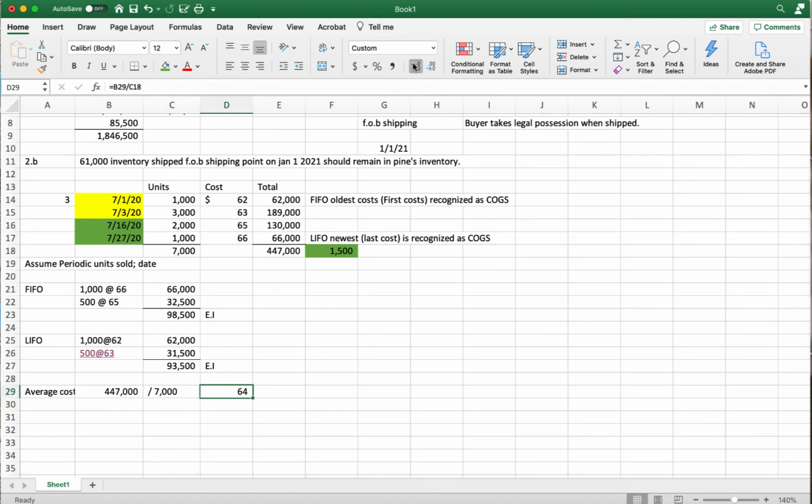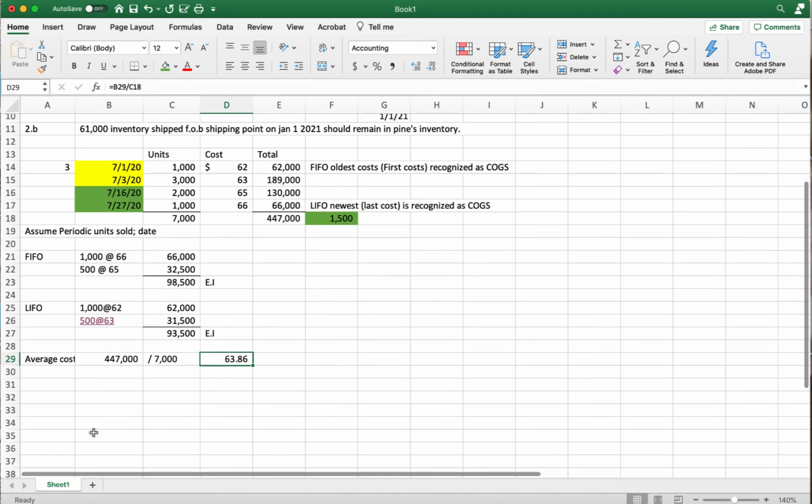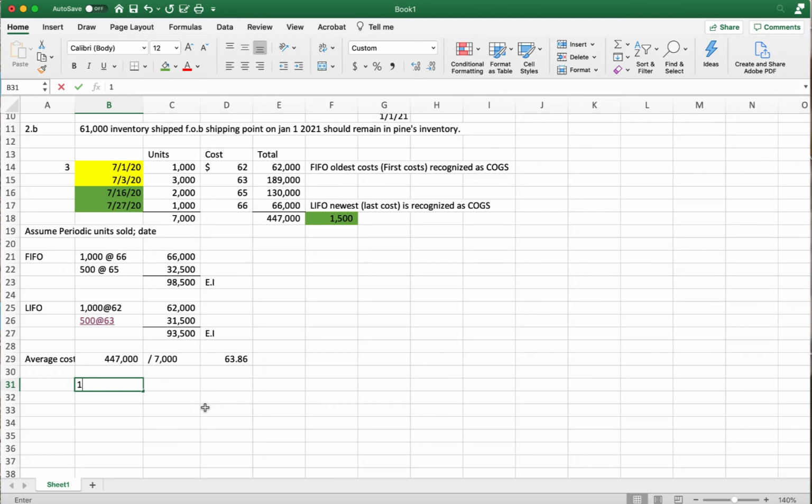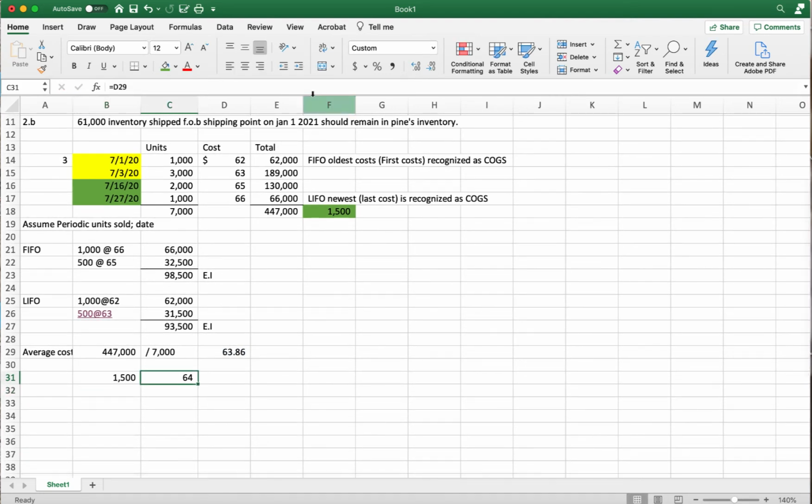I'm going to take it out 2 decimal places, 63.86. So I need to figure out what my ending inventory is. Well, I know that I have 1,500 units in ending inventory. I know my average cost is $63.86.